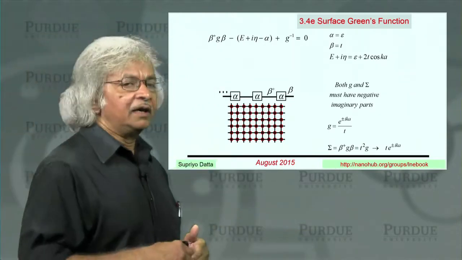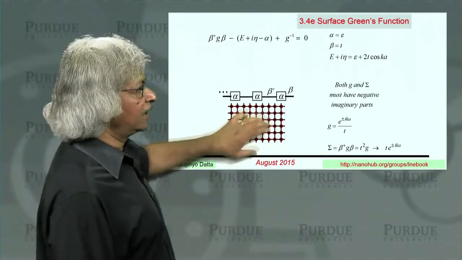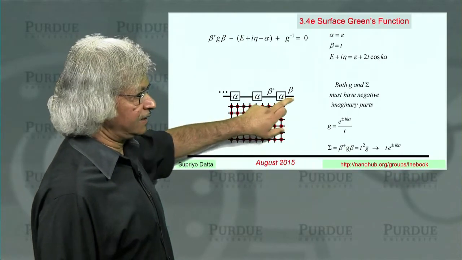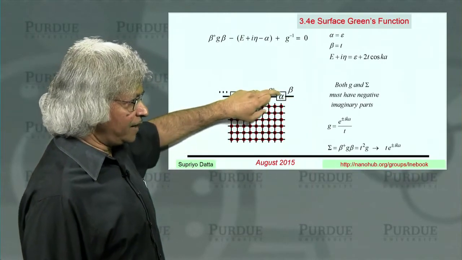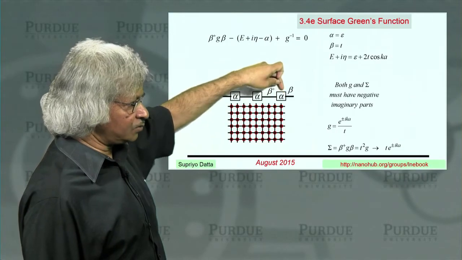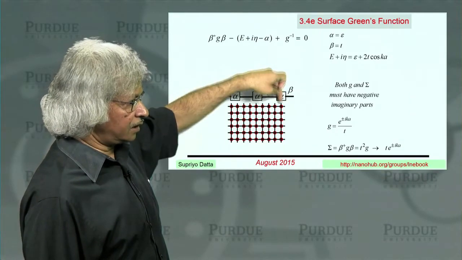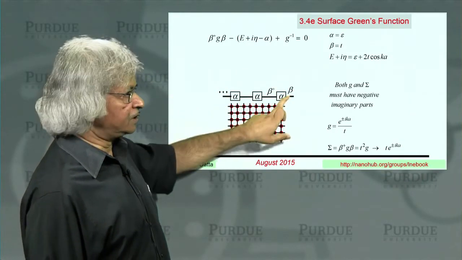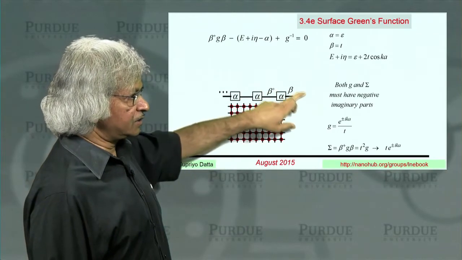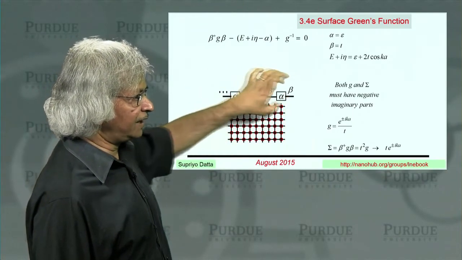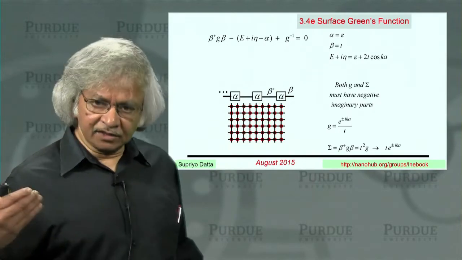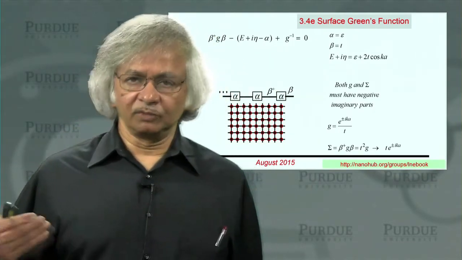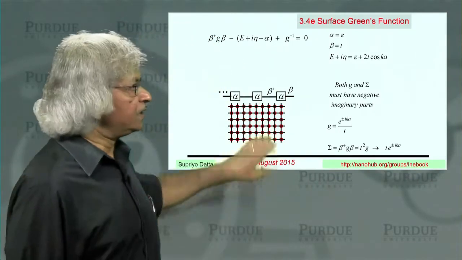This would work in complicated problems, as long as your contact can be represented as a chain with matrix elements like this, which represent an entire column, which are connected by matrices. So as long as you have a problem like this, you could always find the surface Green's function as well as the self-energy using this method.